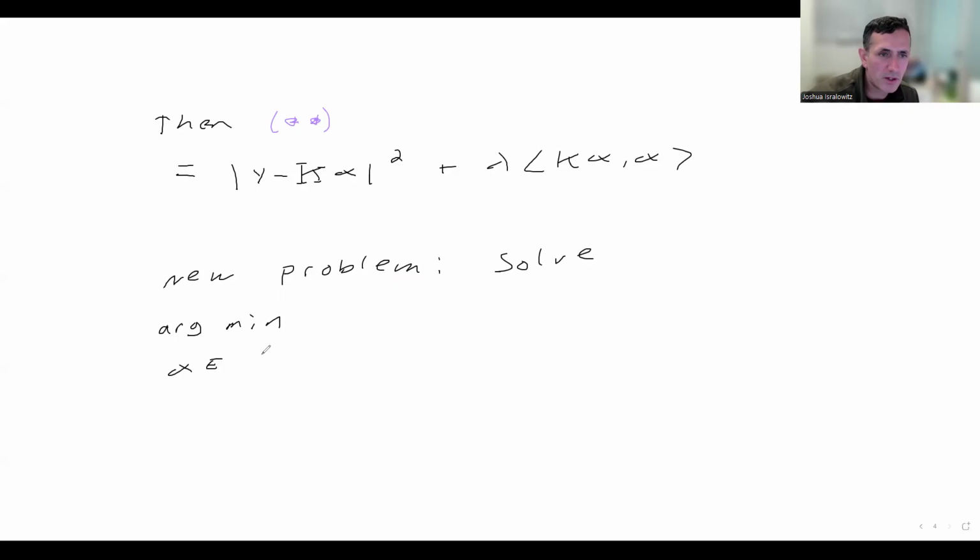So these could technically be in C^n. In practice, you want to restrict to R^n. So I'll just be practical and restrict to R^n. Right. Find alpha to minimize this.